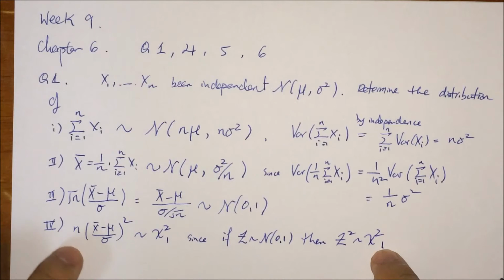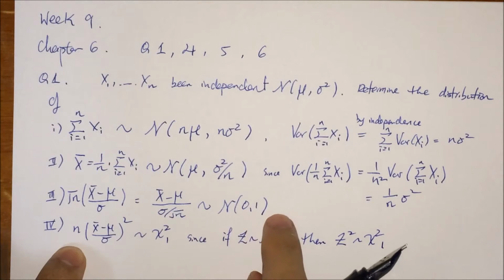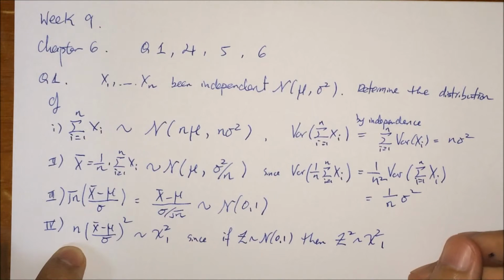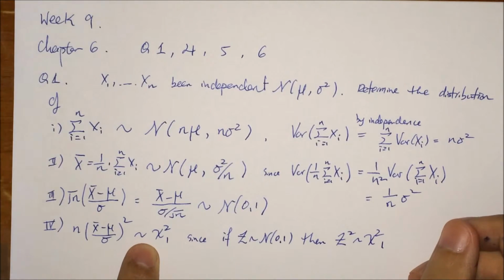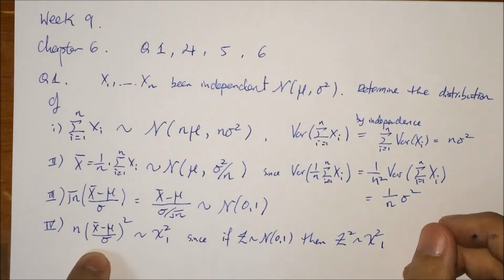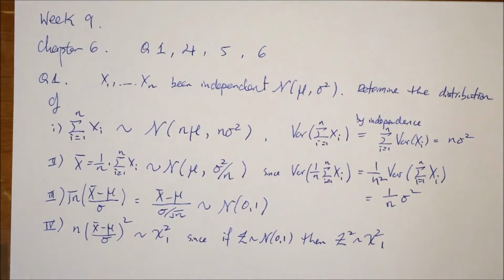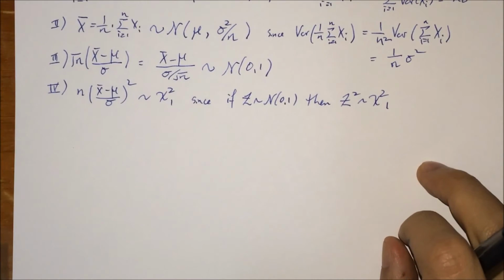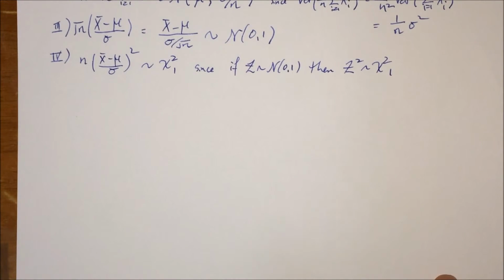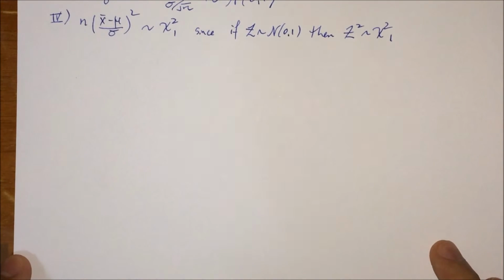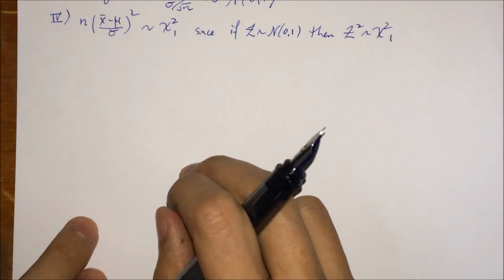So this is why you're just squaring the previous result. So we know this term here is chi-square 1 distributed. Okay. Next.